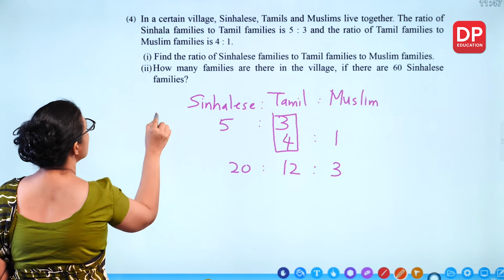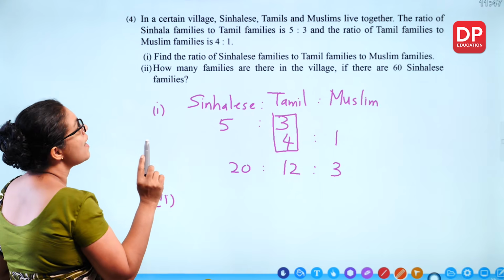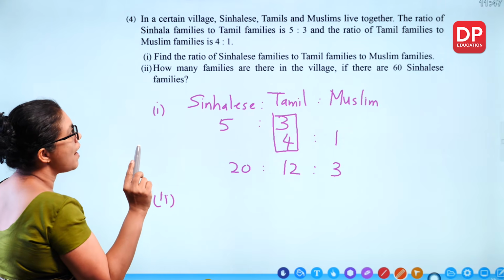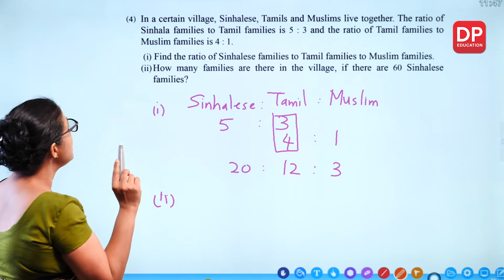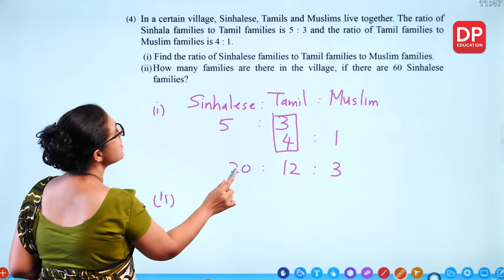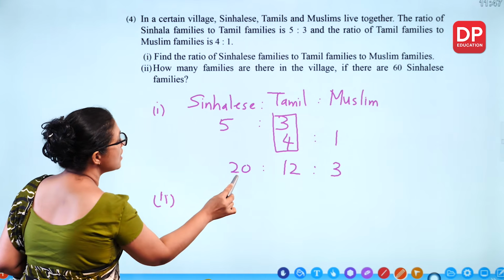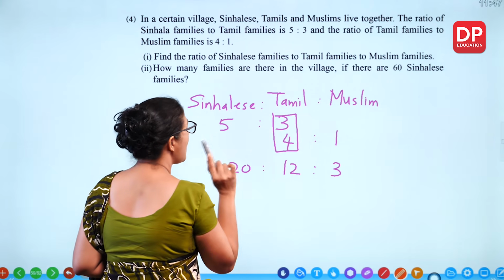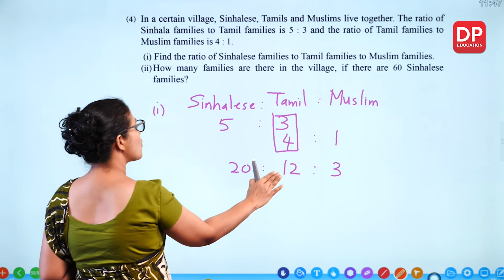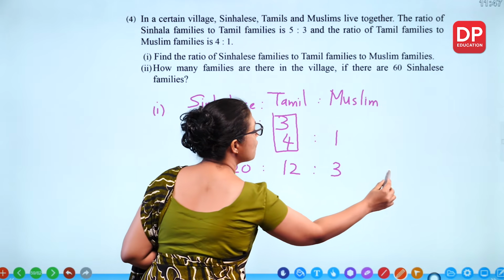So the second part says, how many families are there in the village if there are 60 Sinhalese families. So this represents 60. So we can find out. What's the total number of parts? 20 plus 12, 32. 32 plus 3, 35.